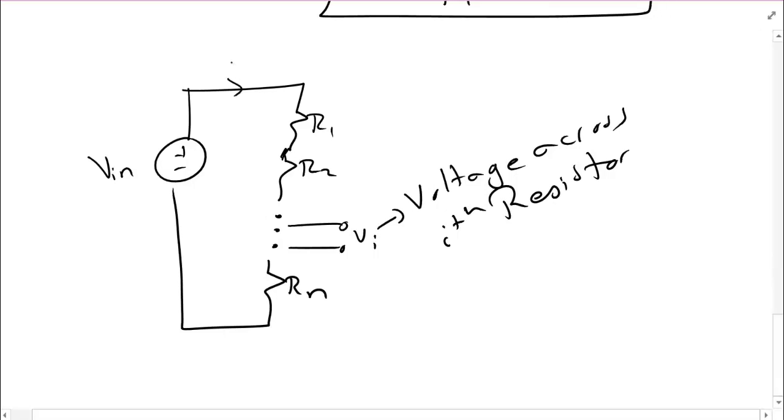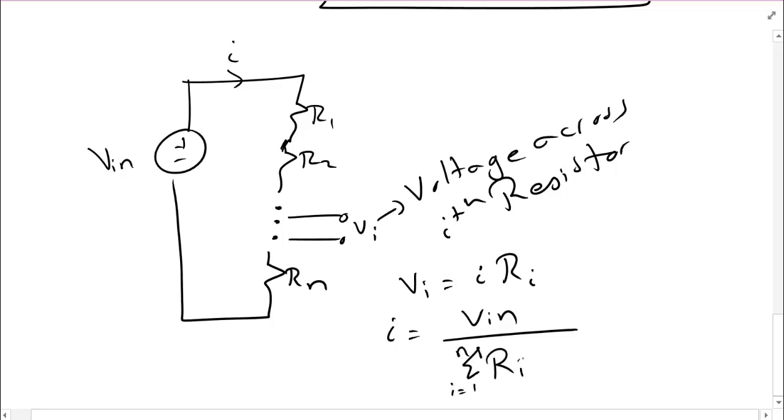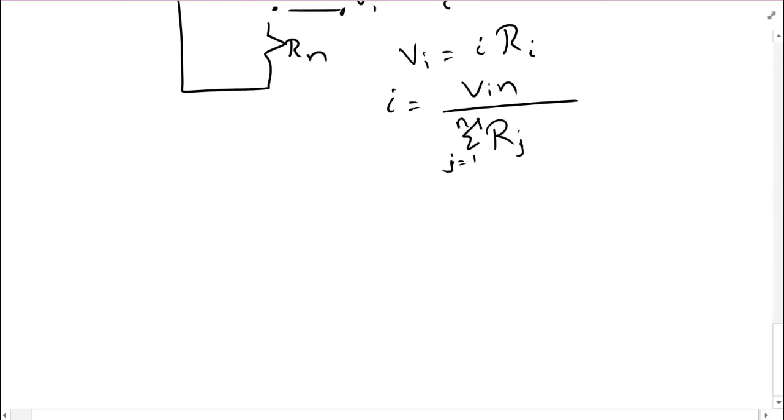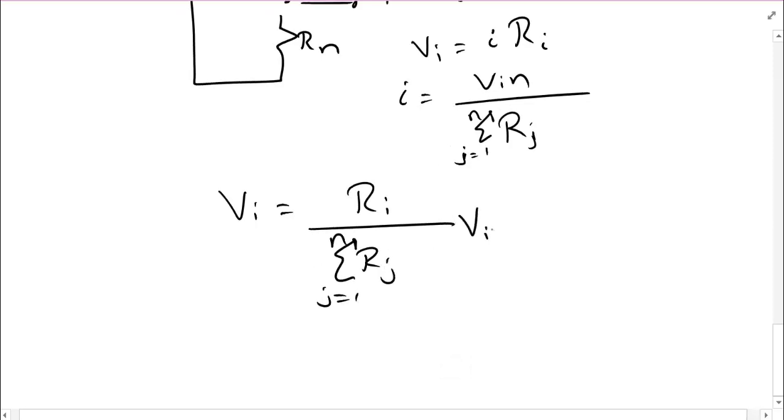Vi, there's going to be a current there, is going to equal the current times Ri. And the current is going to be Vin over now the sum of all of my resistors. Let's use J, just so we don't confuse things. So, substituting it back in, Vi is equal to Ri over the sum of all the resistors times Vin.